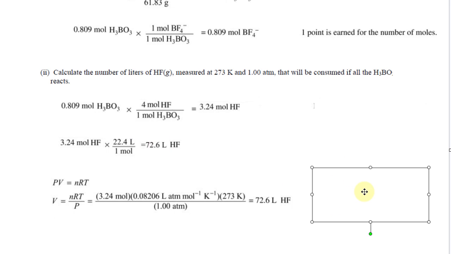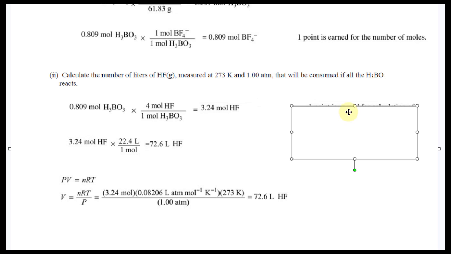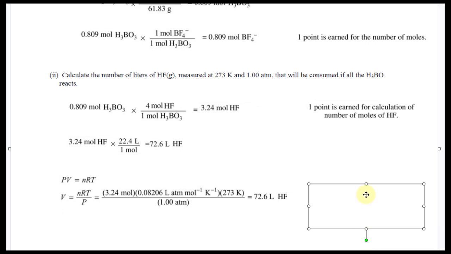And the STP is easy enough to remember. 1 point is awarded for the moles of HF, so make sure you do that calculation. That's nice, getting that moles of HF. Stoichiometry, 1 point for finding the number of liters of gas. Hope you did it the easy way with the 22.4 liters, and you've got, so far, 3 points for this problem.